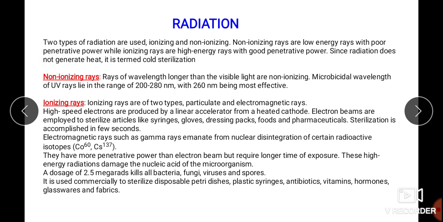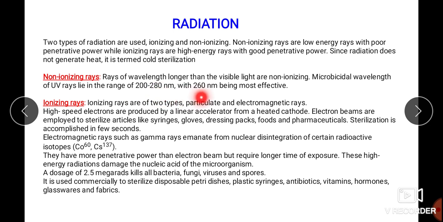Non-ionizing rays are rays of a wavelength longer than visible light. The microbicidal wavelength of UV rays lies in the range of 200 to 280 nanometers.